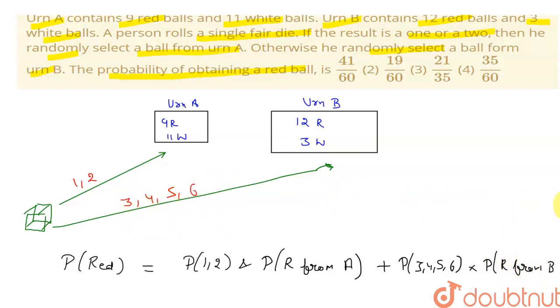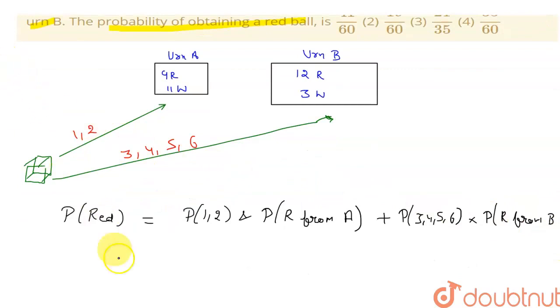Now let me solve this. What is the probability of getting 1 or 2 on a die? The total favorable values are 2, that is 1 and 2, divided by the total number of values, which is 6, into the probability of getting a red ball from urn A. There are a total of 9 red balls, so 9 divided by the total number of balls in urn A, which is 9 plus 11.